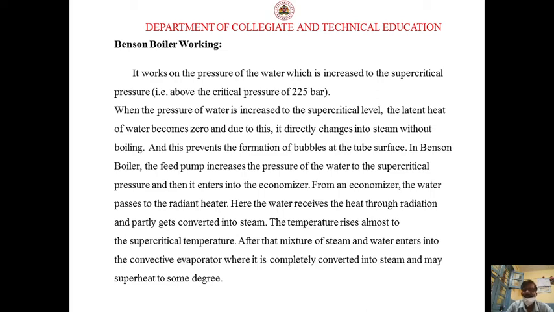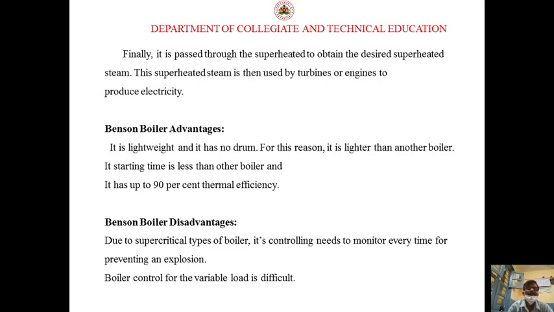The temperature rises almost to the supercritical temperature. After that, the mixture of steam and water enters the convective evaporator, where it is completely converted to steam and may be superheated to some degree. So this is the working. Finally, it is passed through the superheater to obtain the desired superheated steam. This superheated steam is used for turbines or engines, mainly for the generation of electricity.